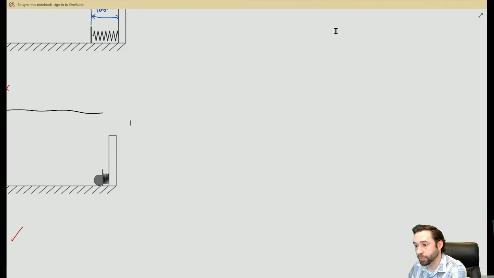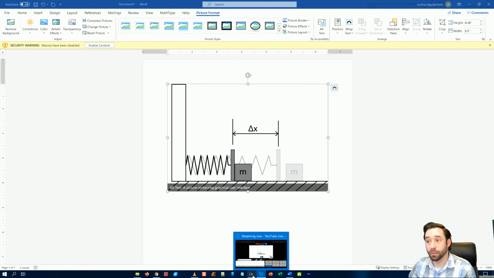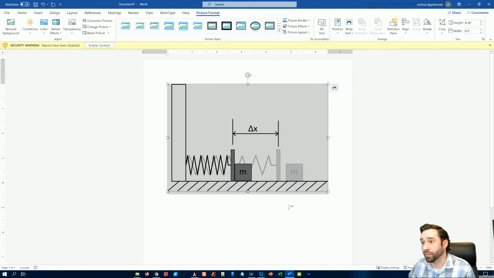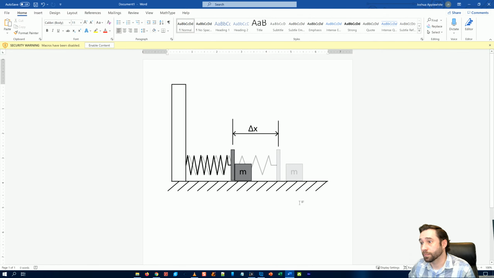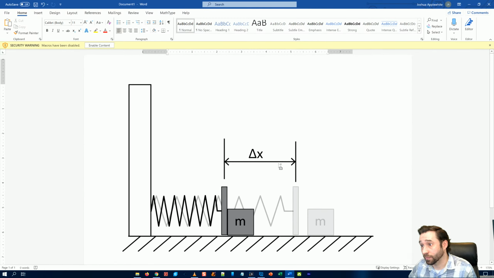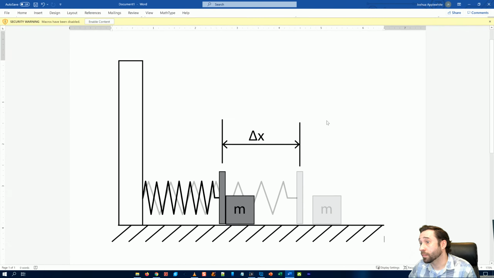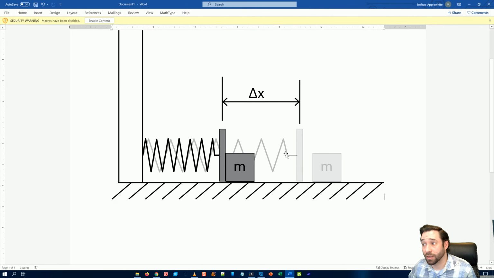So, all right. So this is what I'm referring to. So the change in the length of the spring is going to be referred to as our delta x. So in this figure, this kind of grayed out version, this is the rest length.